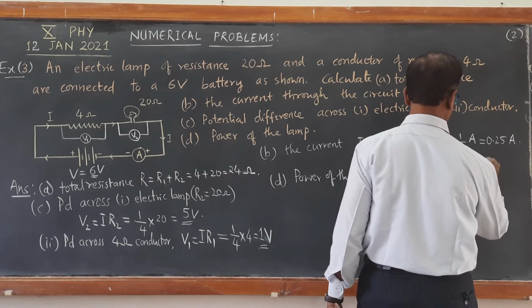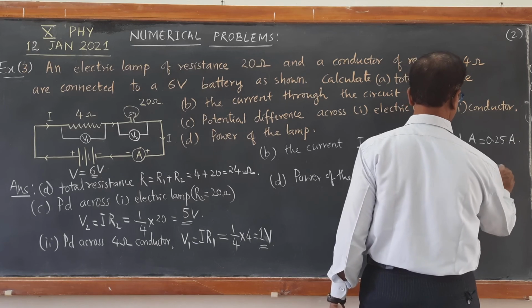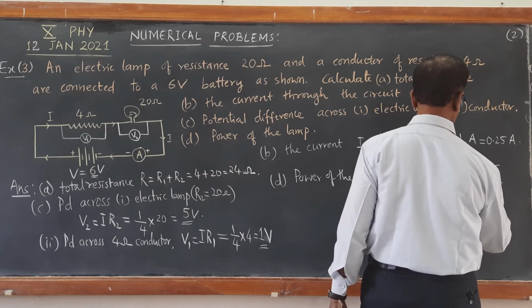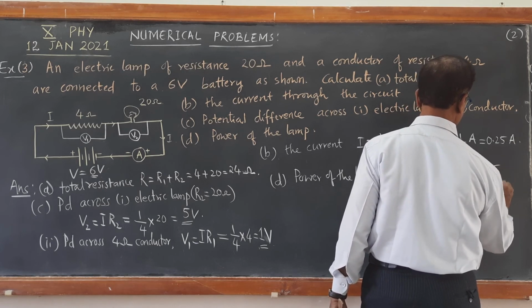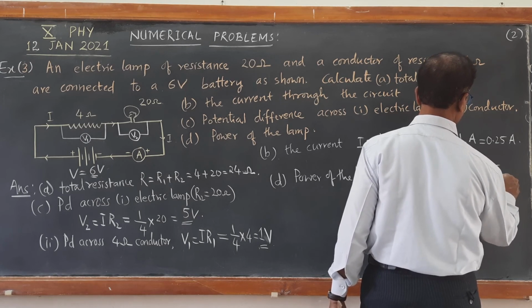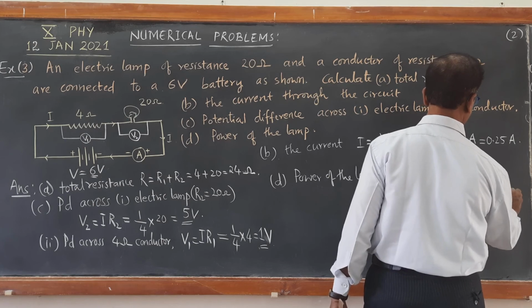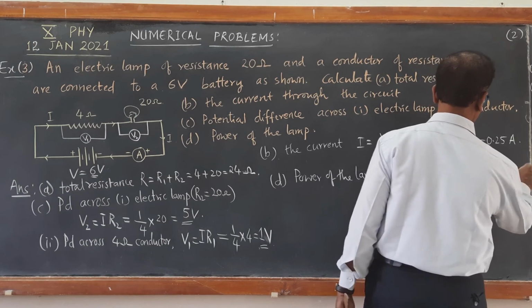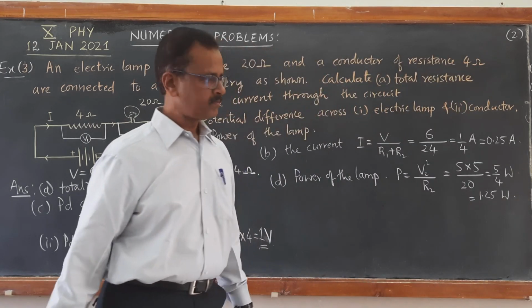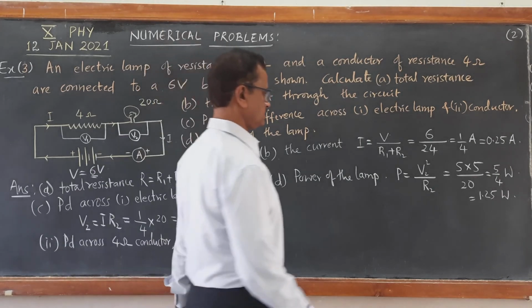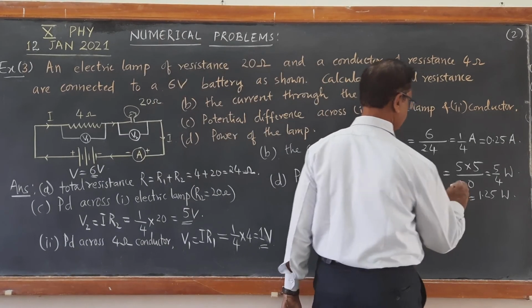So it becomes 5 by 4, that is 1.25 watts. Right? That is the power of that bulb.